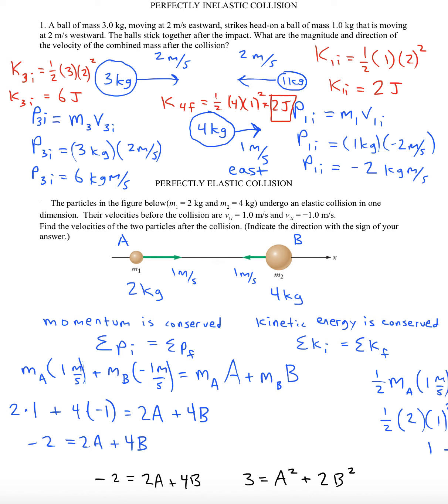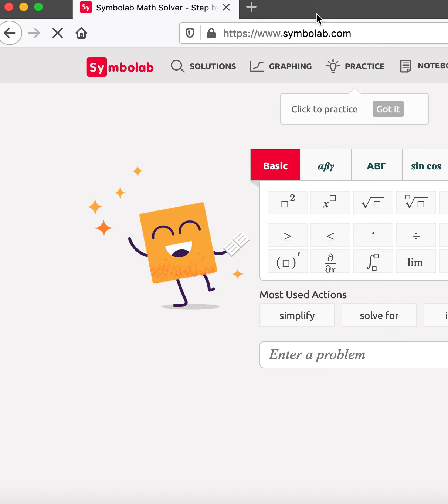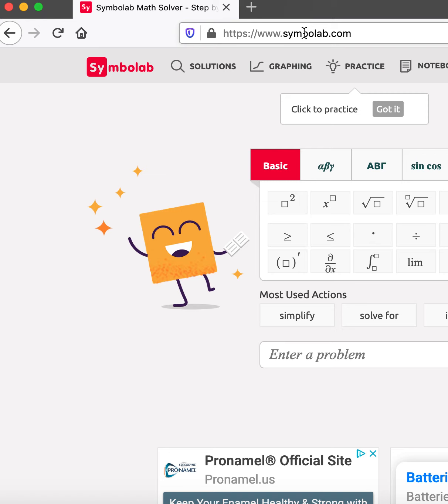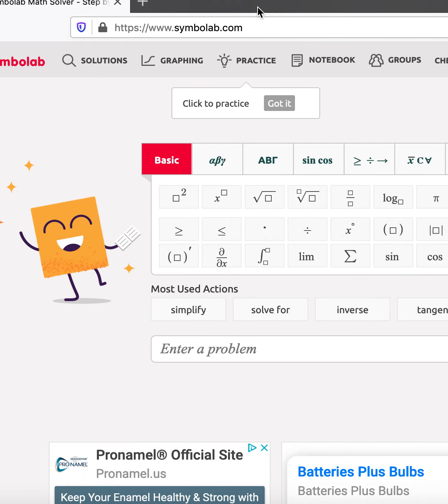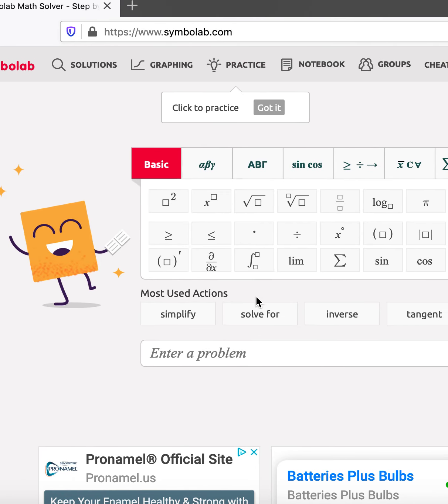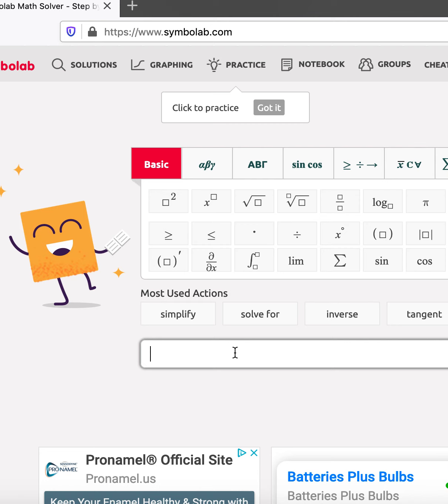You just have to go to an online system of equations solver. Let's go to symbolab.com. And this is an online equation solver, and it does systems of equations too.